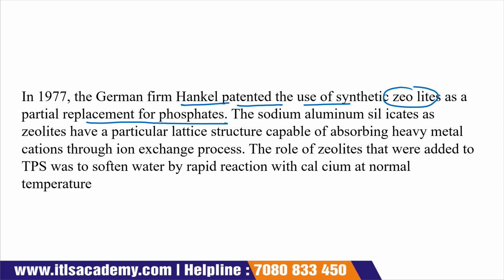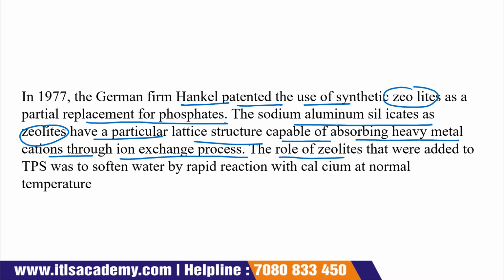Sodium aluminum silicate as a zeolite has a particular lattice structure which is capable of absorbing heavy metal cations through an ion exchange process. The role of the zeolite added to TPS was to soften water by rapid reaction with calcium at normal temperature. These things happened in 1977 in Germany.